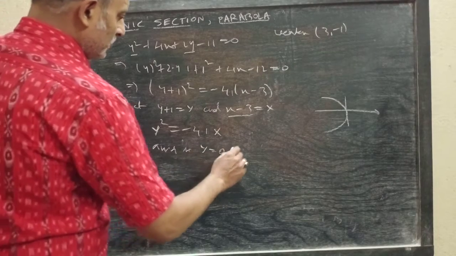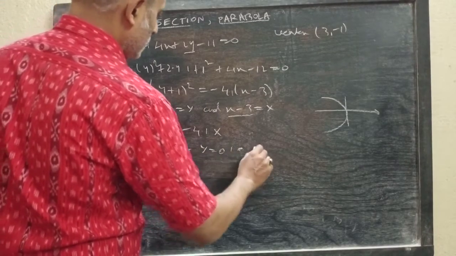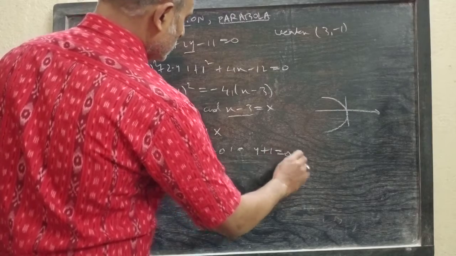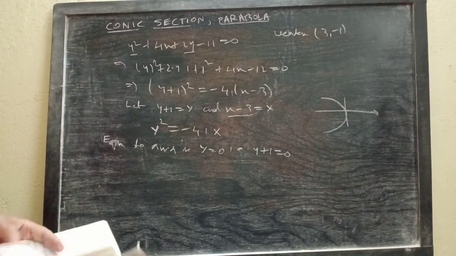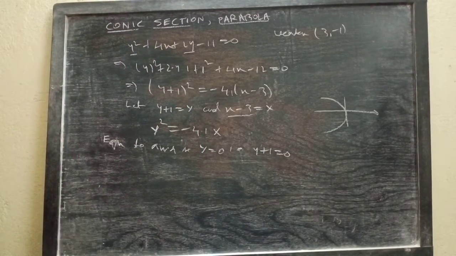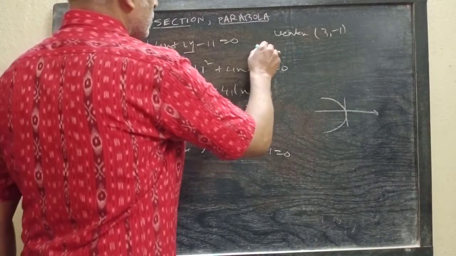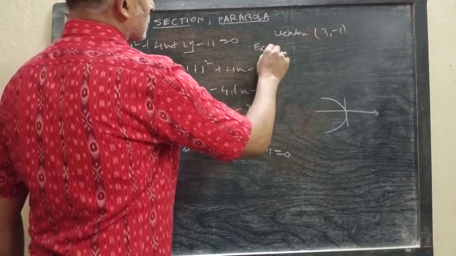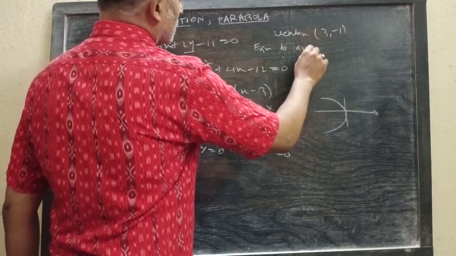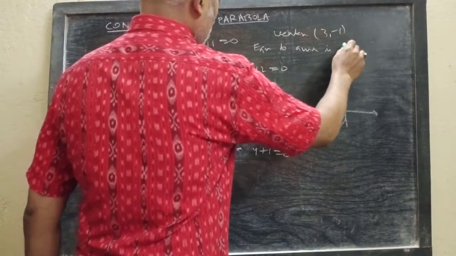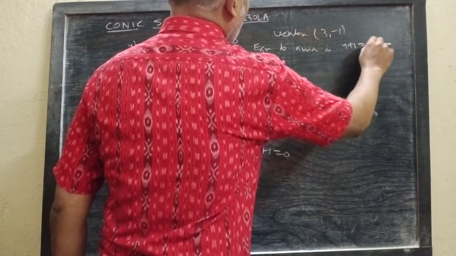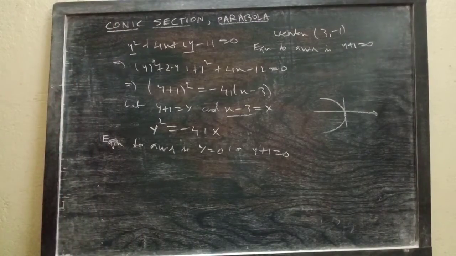That is, what is Y? Small y plus 1 equals 0. This is the axis in the original system. So, equation to axis is y plus 1 equals 0.